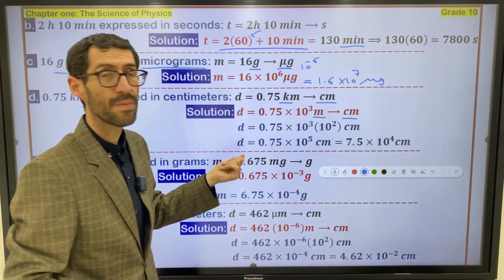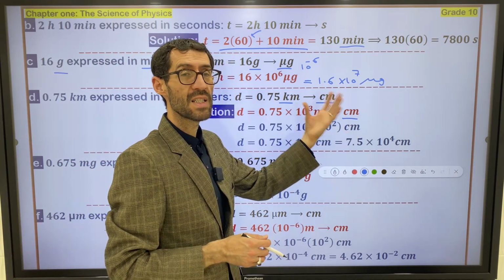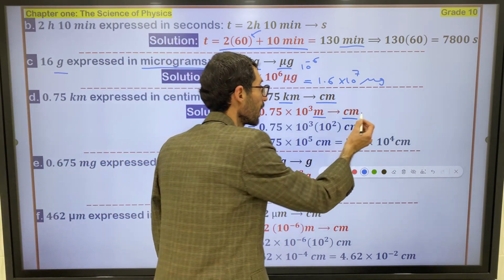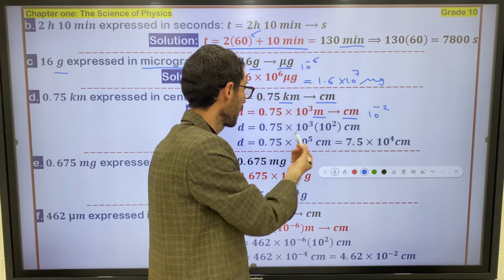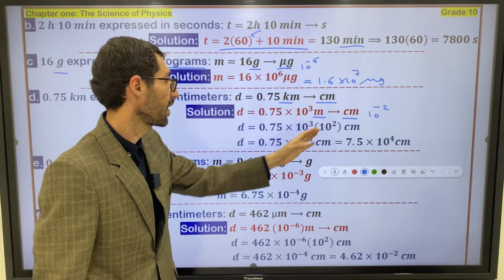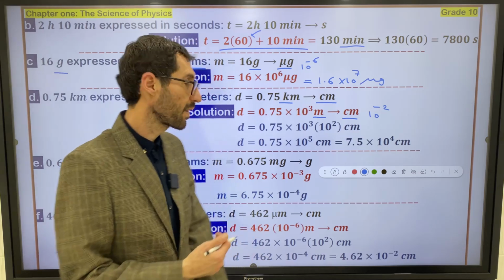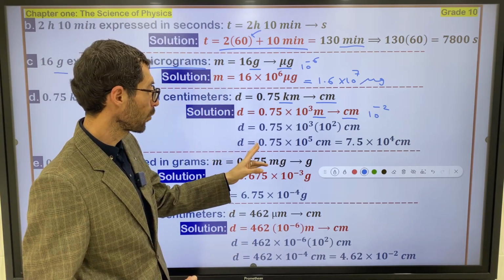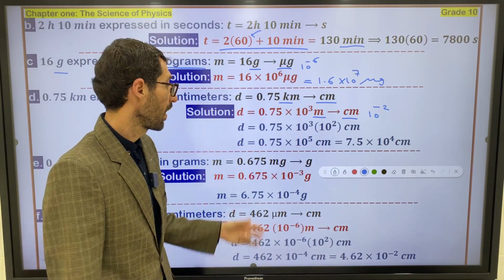So you have to use positive power. Take the power from centi. Centi means 10 to the power negative 2, right? Remove the negative sign and write it here. And multiply the terms together. We have three figures here. Multiply them together to find the answer. It will be 0.75 times 10 to the power 5 centimeter.